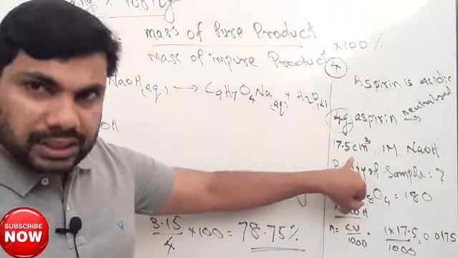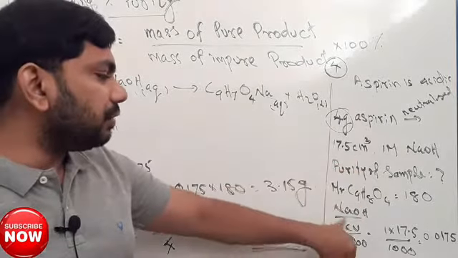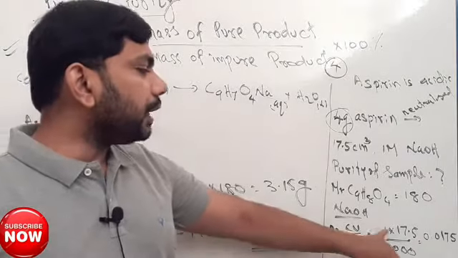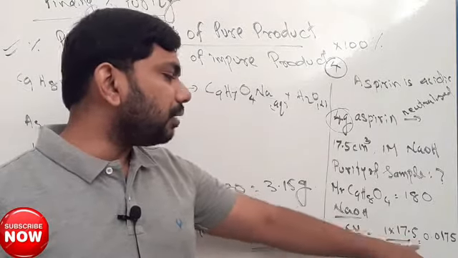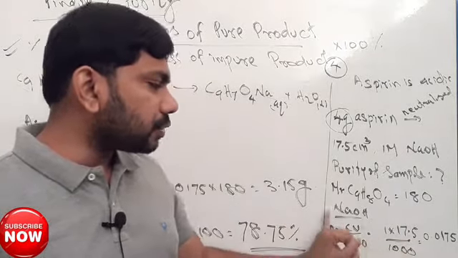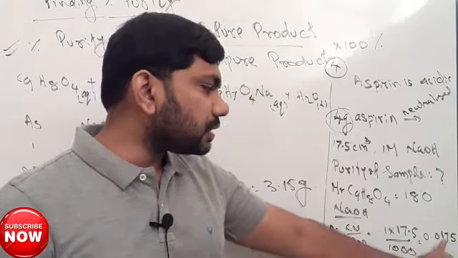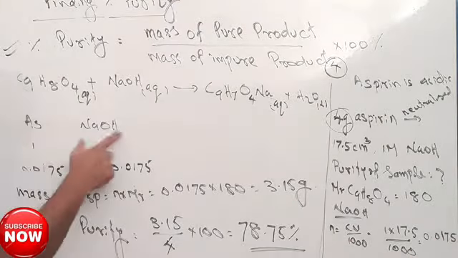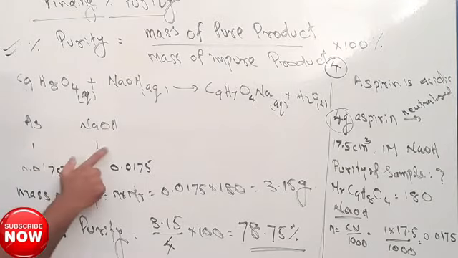To convert to decimeter cube we use CV over 1000. Concentration 1, volume 17.5 divided by 1000. So the number of moles of sodium hydroxide is 0.0175.